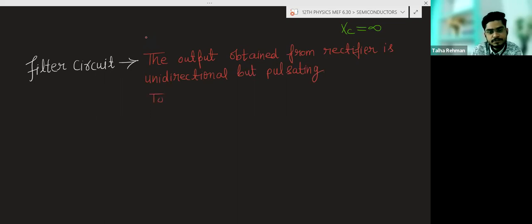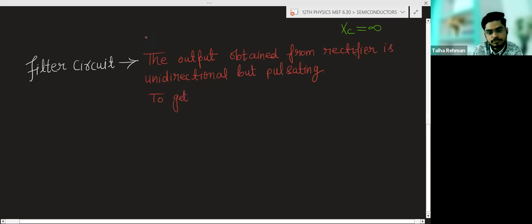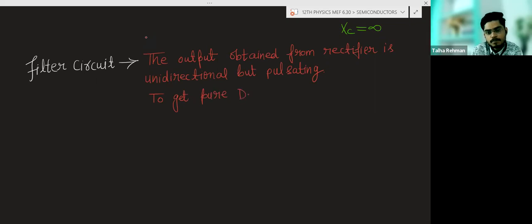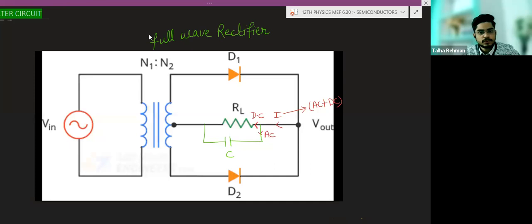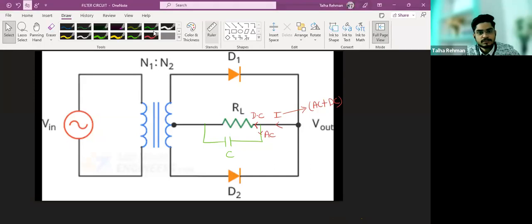To get pure DC, filter circuits are used.